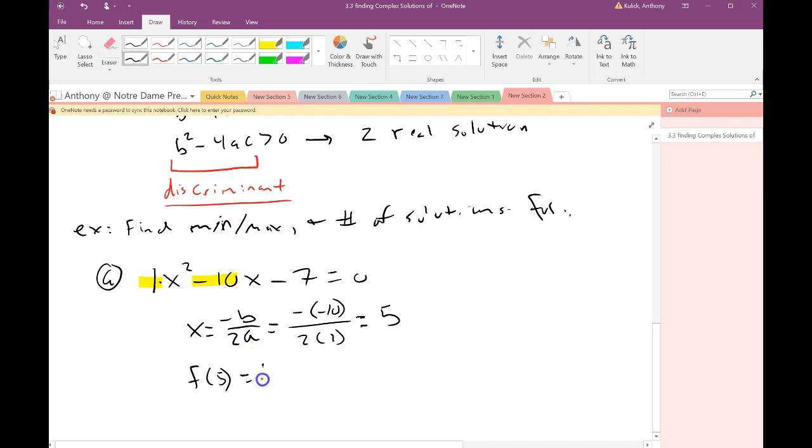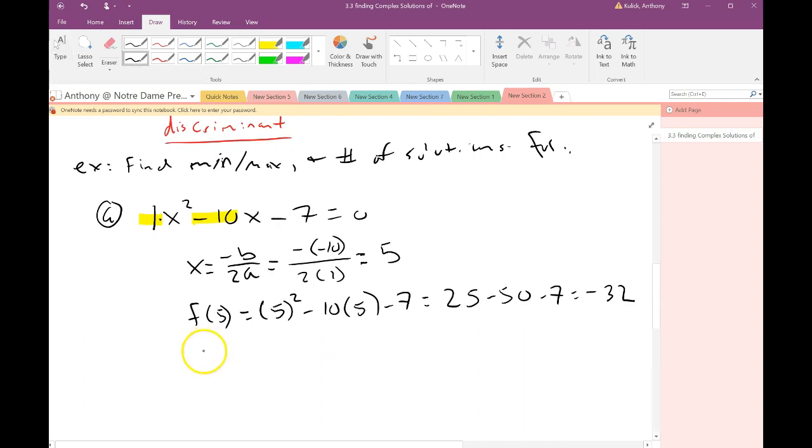So I'll just plug 5 in for all my x's. So 25 minus 50 minus 7 is negative 32. And then since the a value is 1, and this is positive, it means what we found is a minimum. And that minimum is the point 5, negative 32.